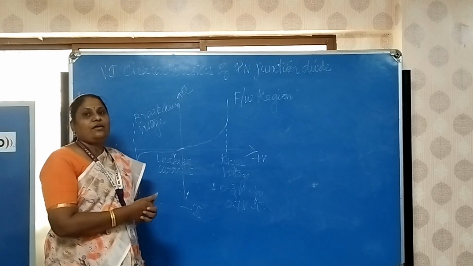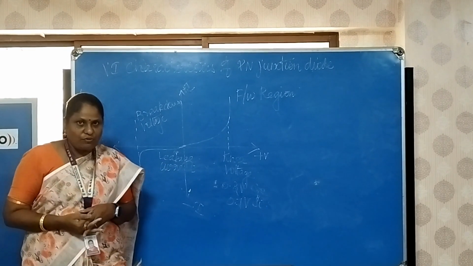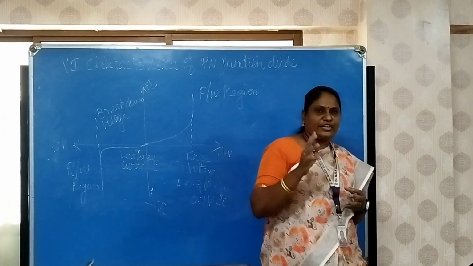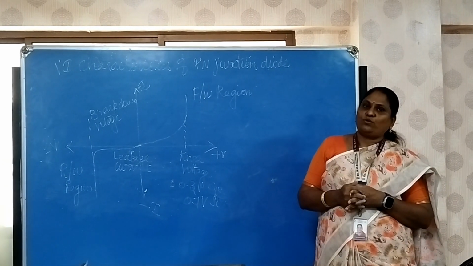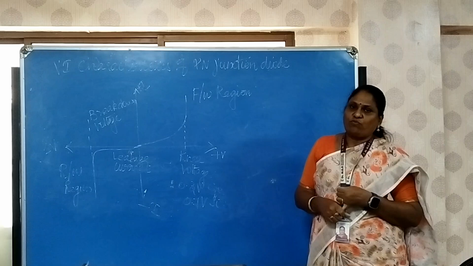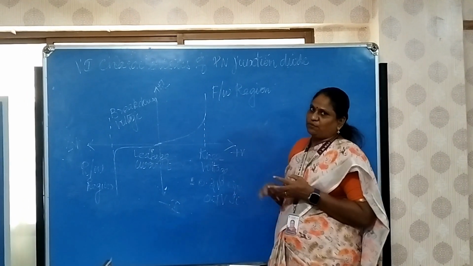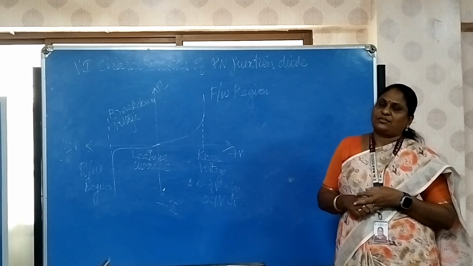Then we moved on to the PN junction diode, a two-terminal device with an anode and a cathode. We explained how diodes are formed, the VI characteristics of diodes, and their applications and properties. Thank you.